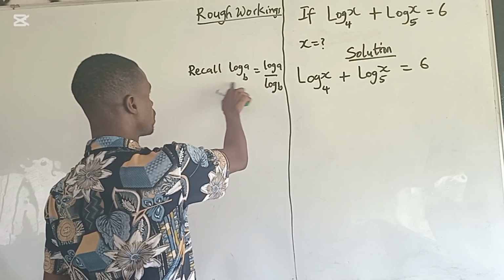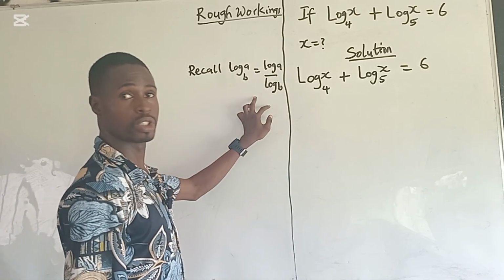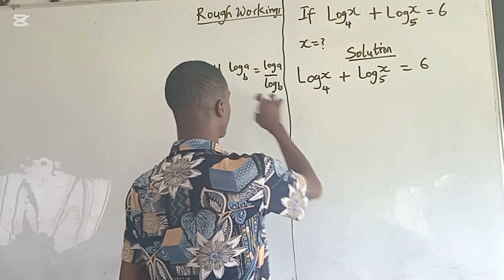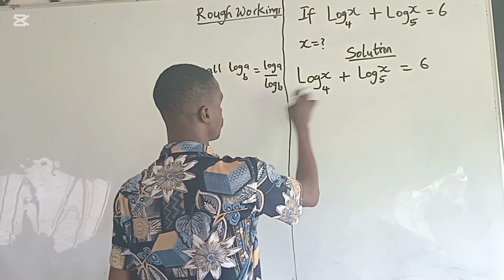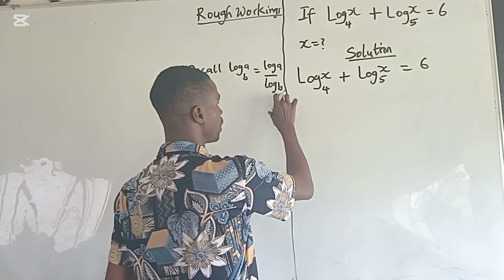Why? Because this is also equal to this according to the logarithm principle. So you need to recall this. By following this principle, we can express this one in this form. Our x will represent A, then our 4 here will represent B.